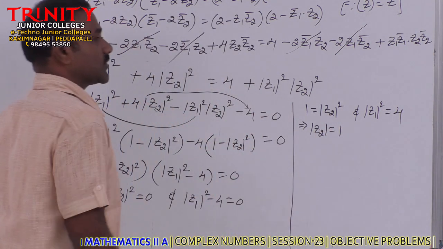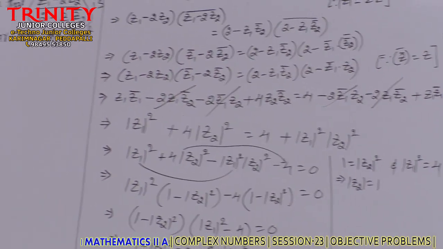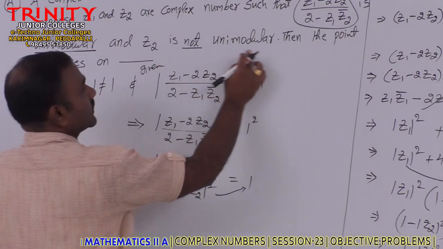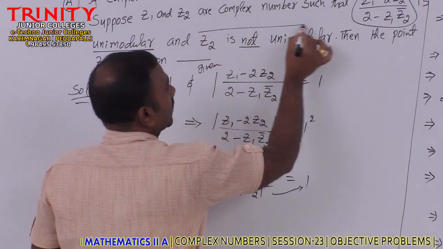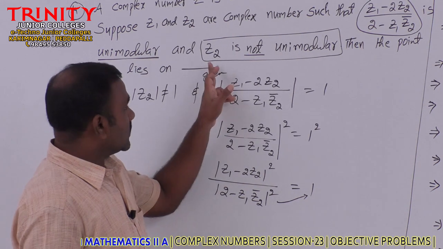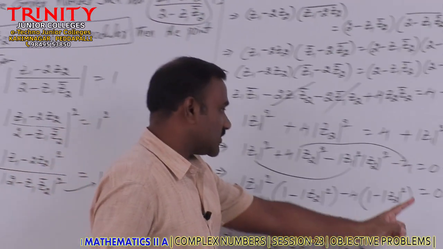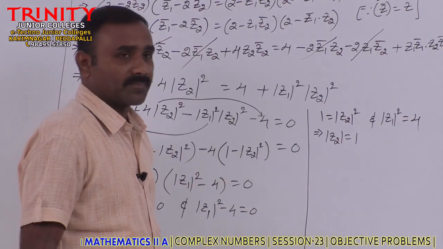But this is a contradiction to the given condition. See what is given in the problem: Z2 is not unimodular, but we got mod Z2 equal to 1.